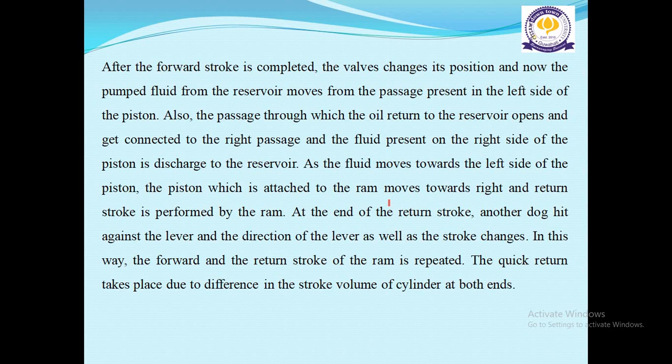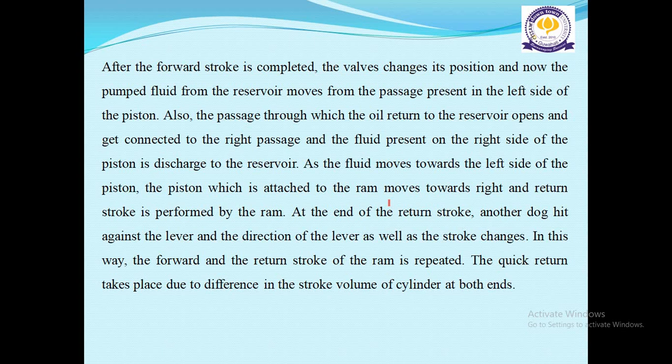As the fluid moves to the left side of the piston, which is attached to the ram, the ram moves towards the right, and the return stroke is performed. At the end of the return stroke, another dog hits against the lever, and the direction of the lever as well as the stroke changes. In this way, the forward and return strokes of the ram are repeated.